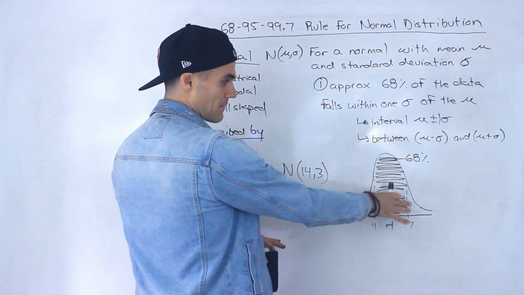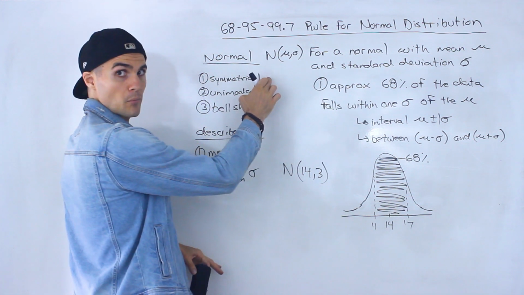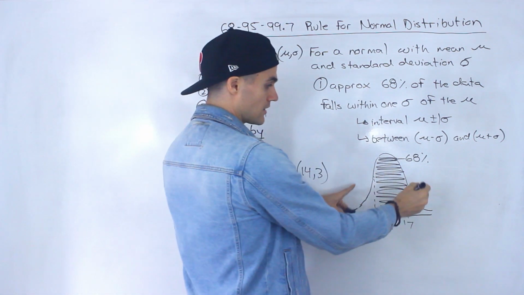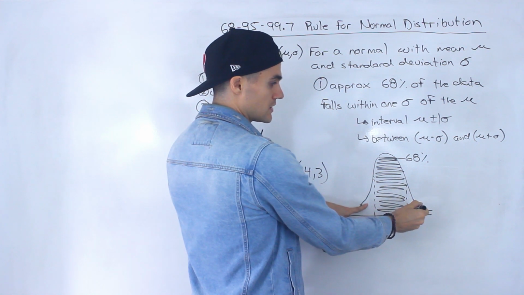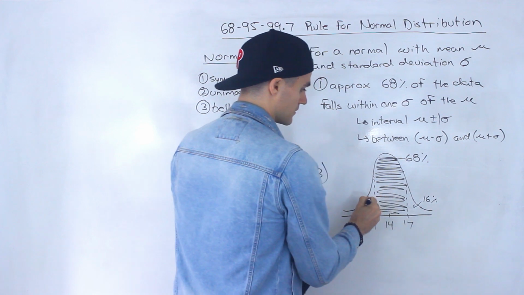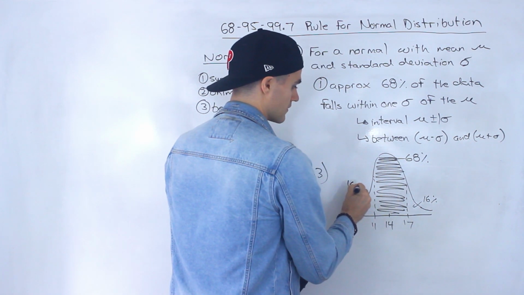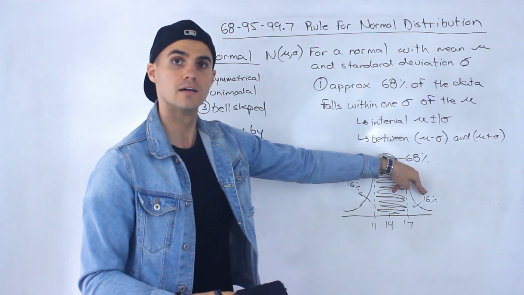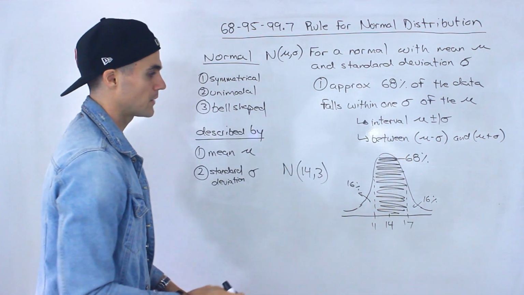And because this is a normal distribution, remember a normal is always symmetrical, that remaining 32% area is going to be split evenly between these two areas. So this here is going to be 16%, and this here is going to be 16%. So when you add 16, 68, 16, you end up getting 100%.